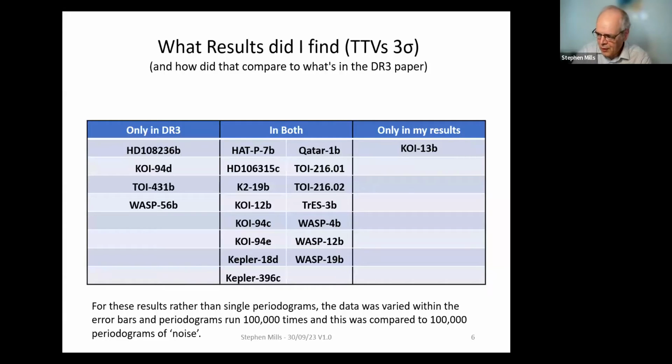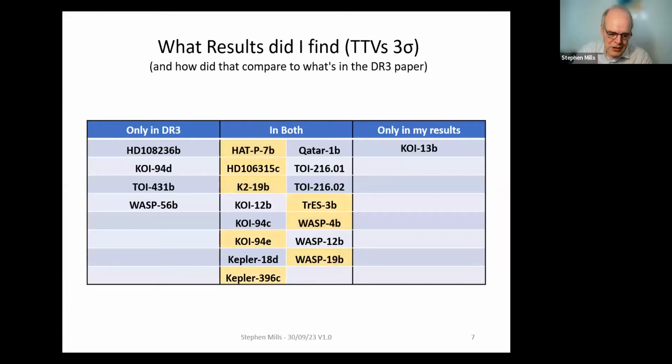And there's one on the right where I found a new one which wasn't in the Data Release 3 paper. So at first glance, you think it's quite good that there's lots of things in that middle box. But actually, when it comes down to detail, we were finding slightly different things. So all those ones I've highlighted in yellow, although both myself and the Data Release 3 paper in Exoclock found periodicities, we found different periodicities.